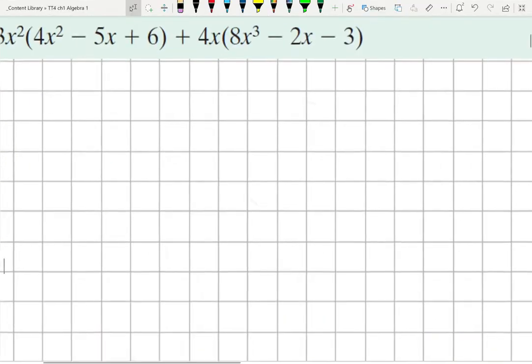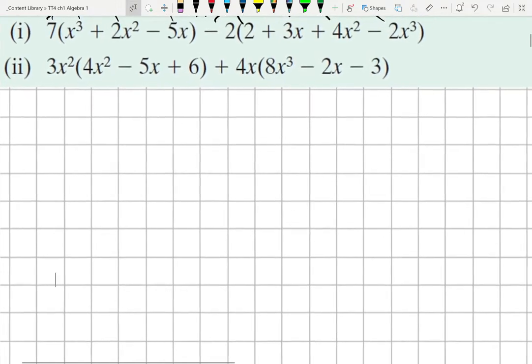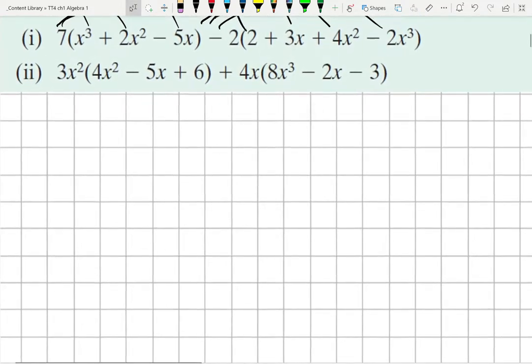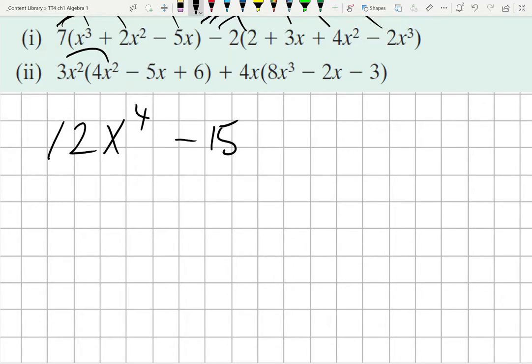Okay, so here's what I mean by a place value strategy. I'm going to align the x to the 4s, x to the 3s, x to the 2s, x squareds.